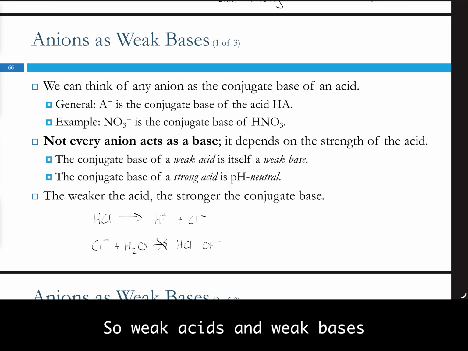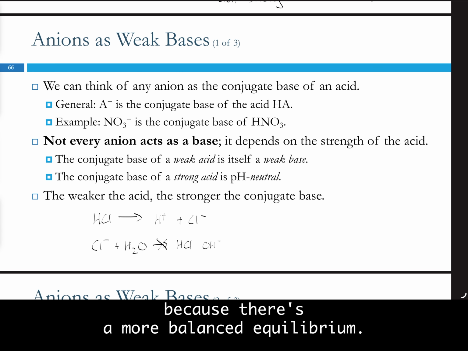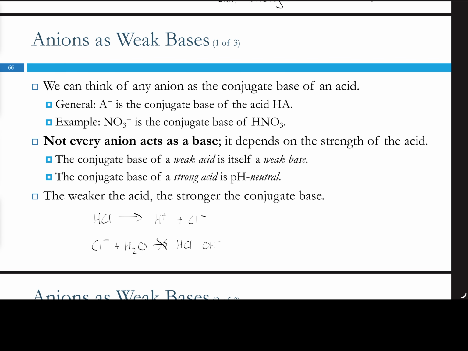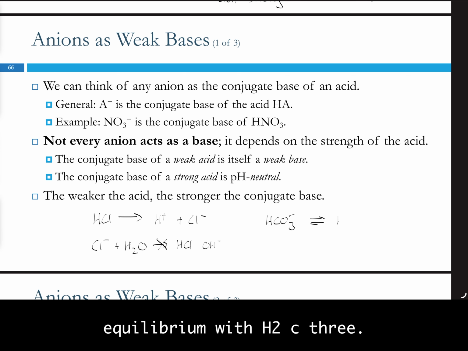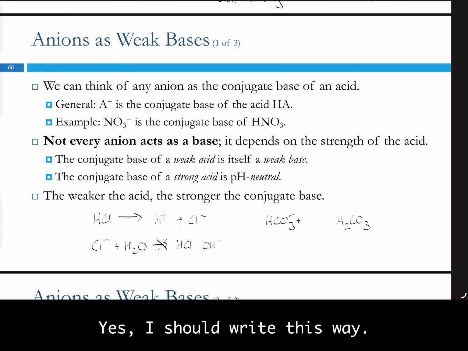So with weak acids and weak bases, because there's a more balanced equilibrium, that equilibrium goes both ways. It's like the HCO3 minus equilibrium with H2CO3. I guess I should write it this way.